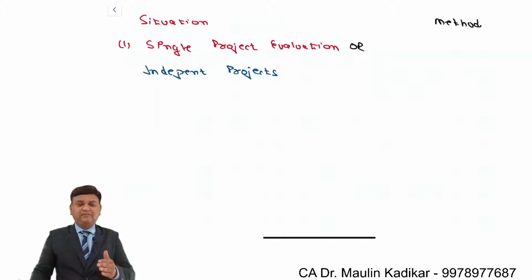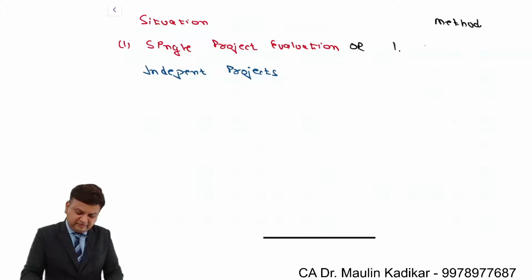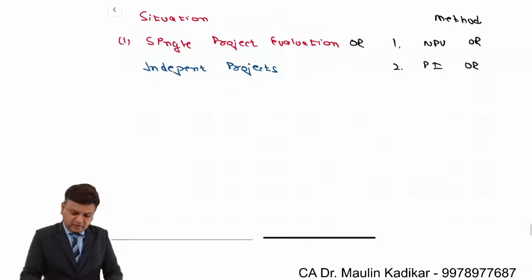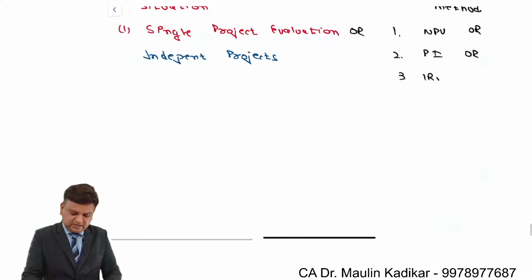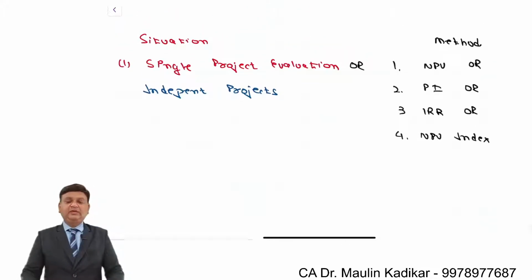In that, which decision making method can be applied? You can apply NPV or profitability index or IRR or NPV index, because all of them will lead you to the same conclusion.